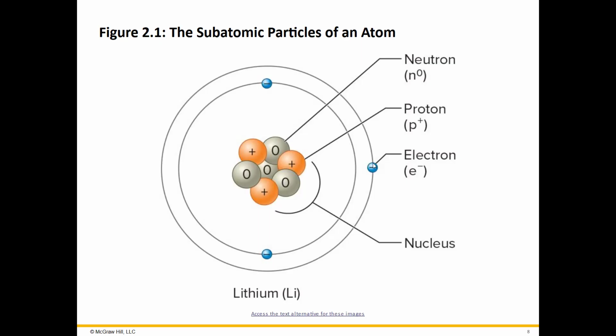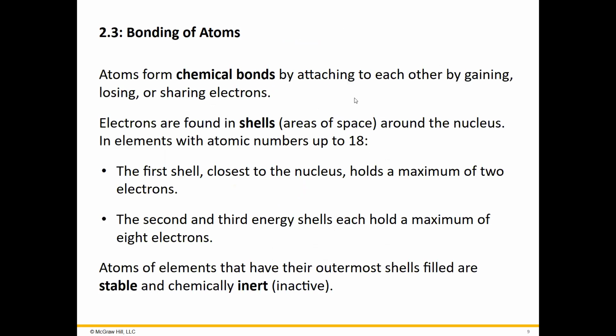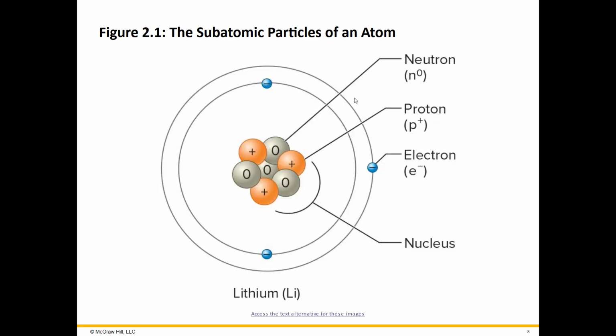Or it could give this electron away and then have a full first shell of electrons, being happy at 2. If it had 7 more electrons, it would be stable. Or if it lost this electron and just had this 2 electron inner shell, it would also be stable. But because it doesn't have 8 electrons in its outer shell, or only a 2 electron inner shell, it's not stable, and thus this is a reactive lithium atom.